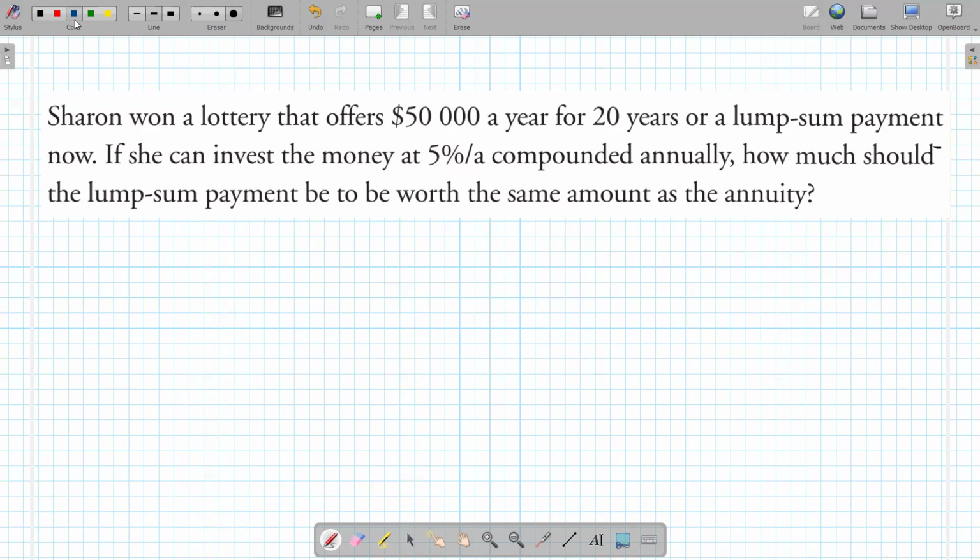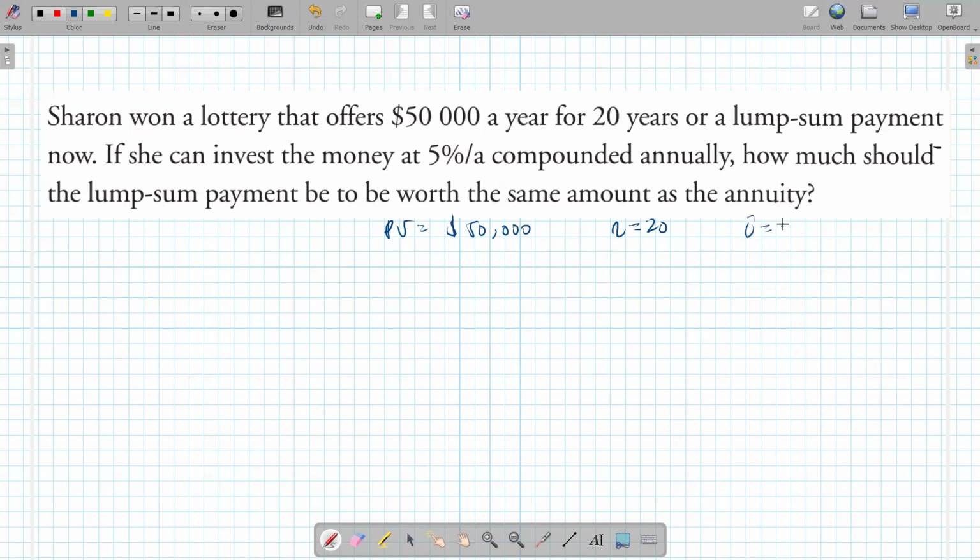So anyways, going back to this question, what is the question? So we know our present value is $50,000 and our time frame is 20. It's compounded annually, so it doesn't matter. No need to times 1 divide by 1, no change.